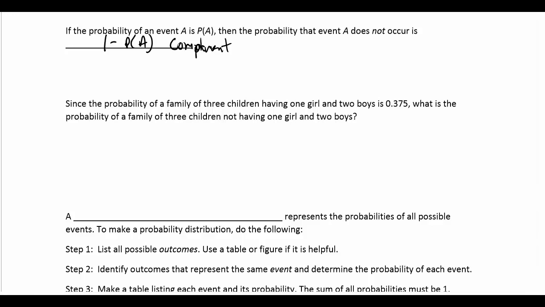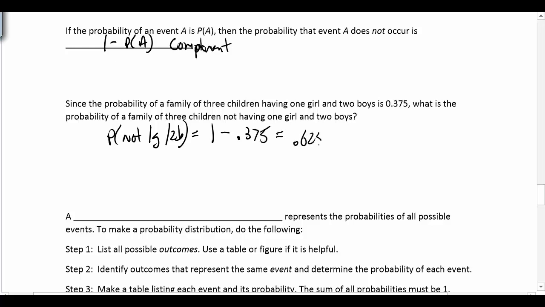So, an illustration of this: since the probability of a family of 3 children having 1 girl and 2 boys is 0.375, what is the probability of having 3 children that don't have 1 girl and 2 boys? So the probability of not having 1 girl and 2 boys is 1 minus the probability they gave us, which in this case is 0.625.